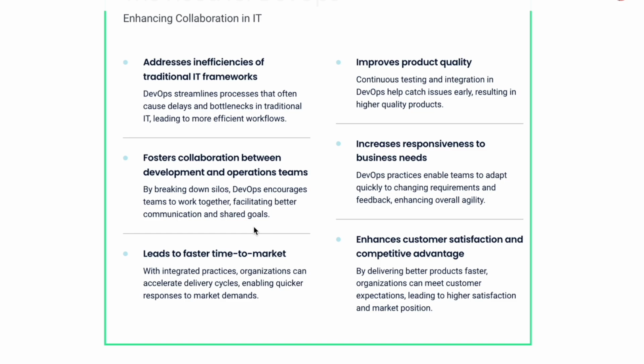DevOps fosters collaboration between the development and operations teams. It encourages teams to work together and facilitates better communication and shared goals. That is also the DevOps responsibility, to ensure that communication and collaboration between different team members is happening and everybody is working together. This leads to faster time to market.